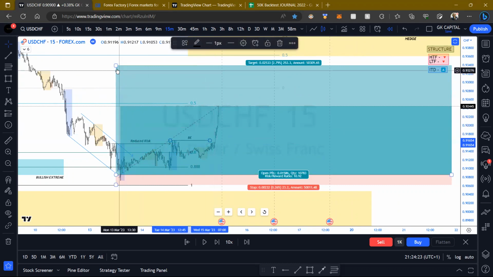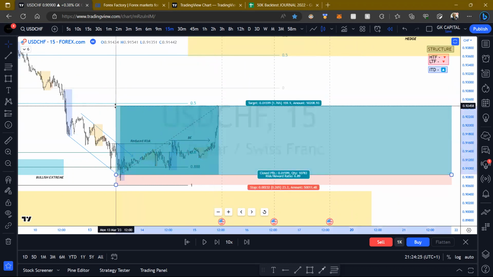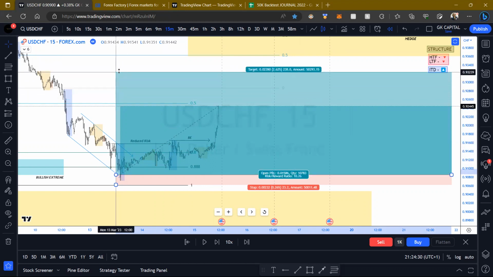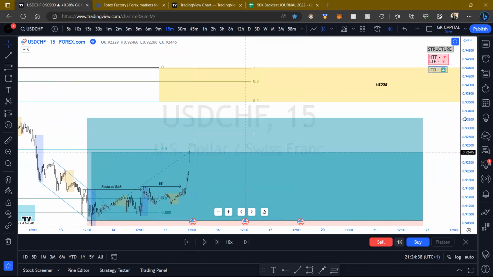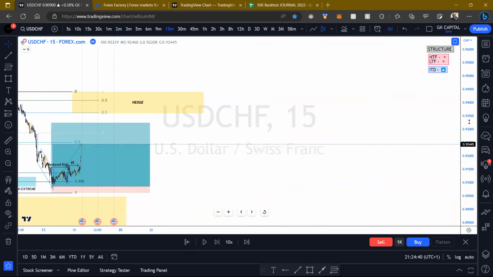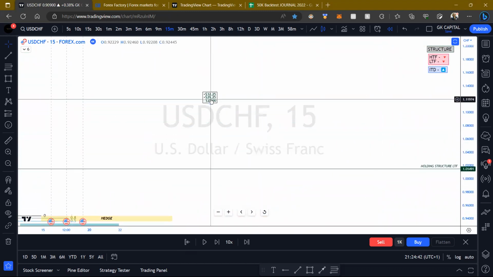At the same time, because of the pip count, what is this? We are on 160 pips. So because of the pip count, I will be paying my risk, and my risk is $25. So I will be paying $25 here. So essentially, we are back on here.